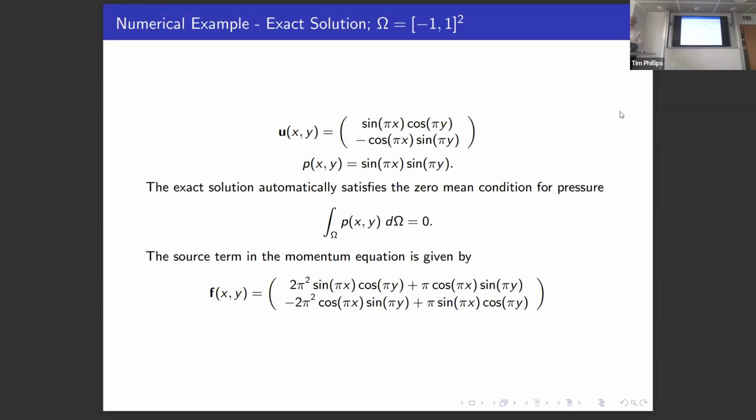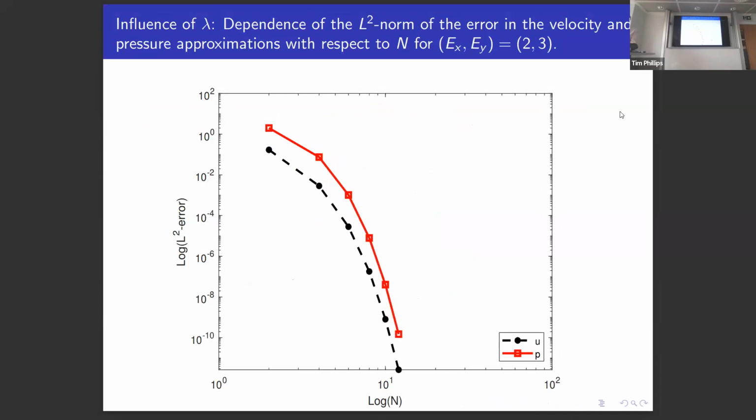Before I show you some results on the eigenvalues, just an illustration here showing the spectral convergence. So here we're just solving a problem on a square. I think the square has been decomposed into 6 spectral elements. It is a problem with an exact solution, and we obtain the normal convergence properties associated with spectral methods.